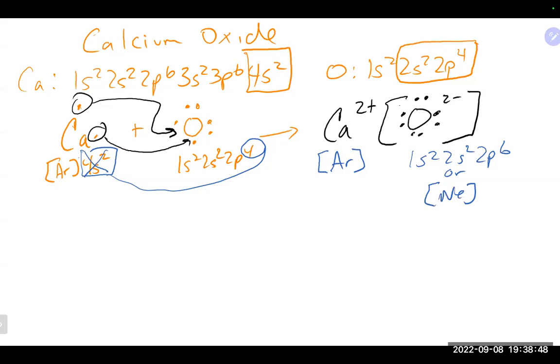So again, in this situation, we have both of the elements being able to achieve noble gas configuration, in this case by losing electrons and gaining electrons. And we see the same pattern as we saw previously. Metals are backing up to the noble gas, and non-metals are going forward as they gain electrons to the next noble gas. Any questions on that there?